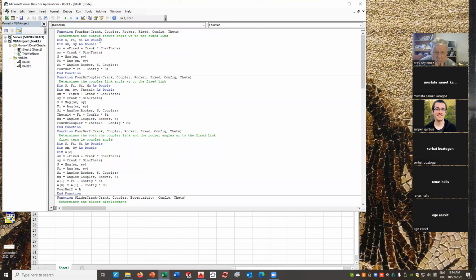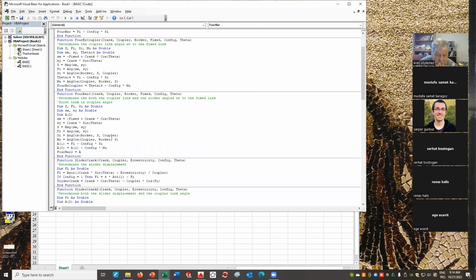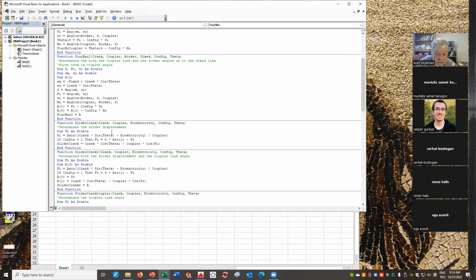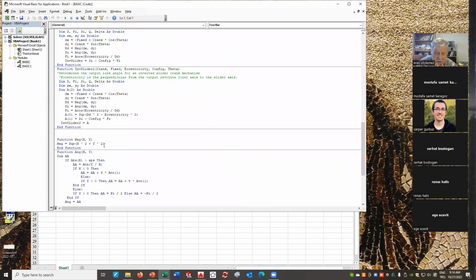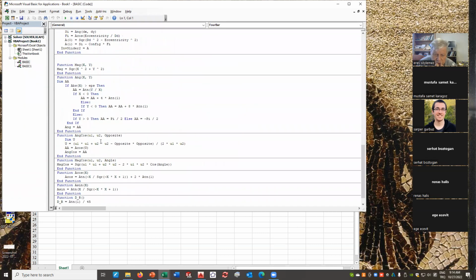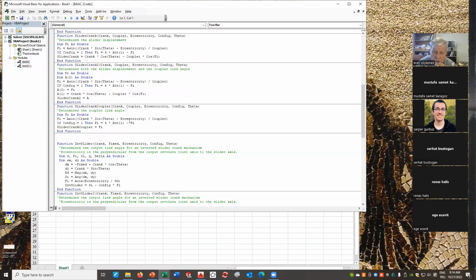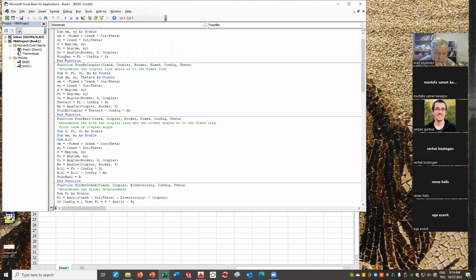Basic is, usually this is what I use mainly: 4-bar coupler, 4-bar 2, slider crank, etc. Inverted slider, magnitude, and cos, and all these functions. You have to look what each one does.